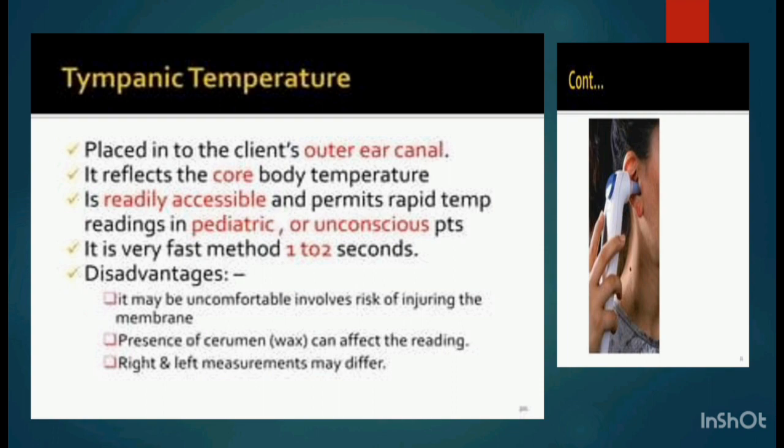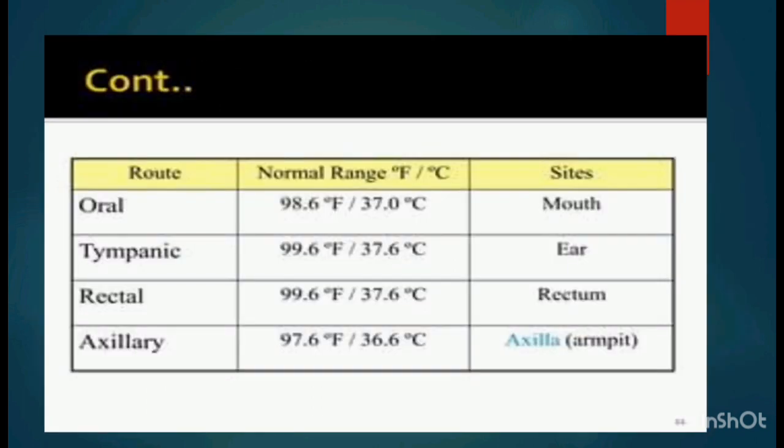It is a very fast method, 1 to 2 seconds to get a measurement. Disadvantages: it may be uncomfortable, and involves risk of injury to the membrane. Presence of cerumen wax can affect the reading, and right and left measurements may differ.